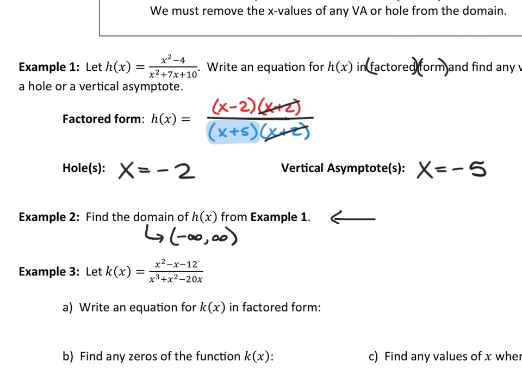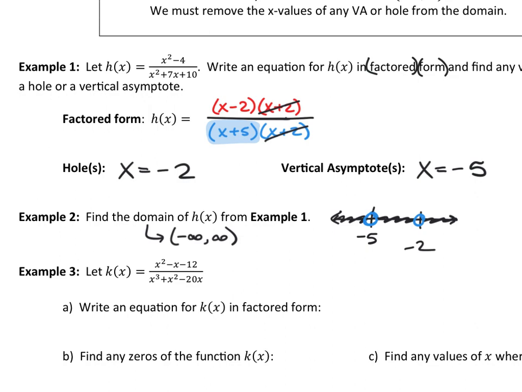So instead of saying everything on the number line, we have to say everything except these two values that we found to be holes or vertical asymptotes. So this is negative 5 with a hole, and this is negative 2 with a hole.